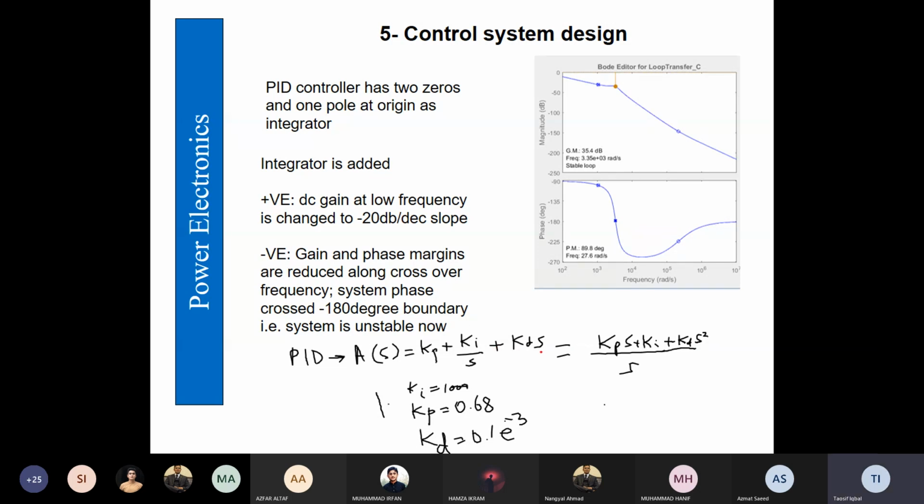So if we combine all three components, then we end up with a controller like this, in which we have two zeros and one integrator. So similarly, we apply an integrator and two zeros to get the PID control.